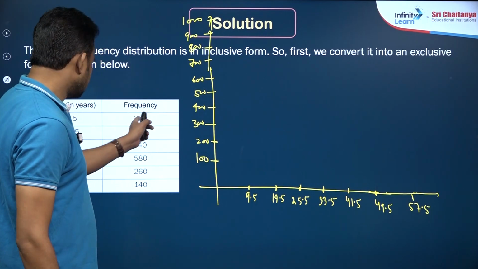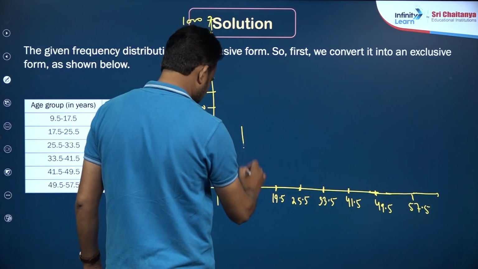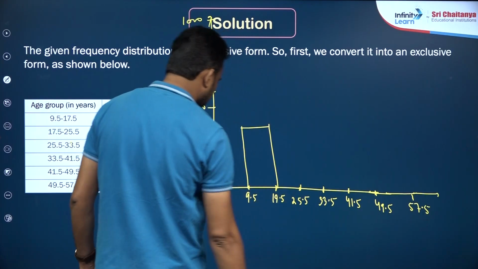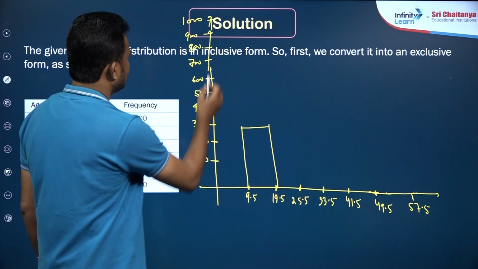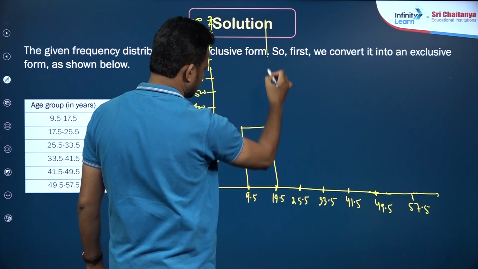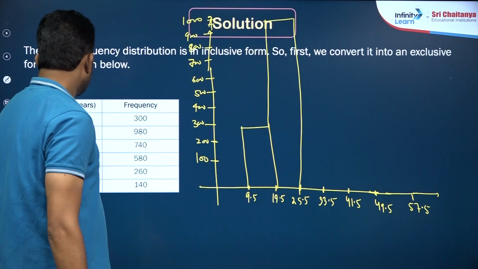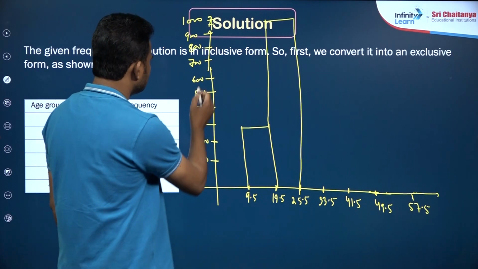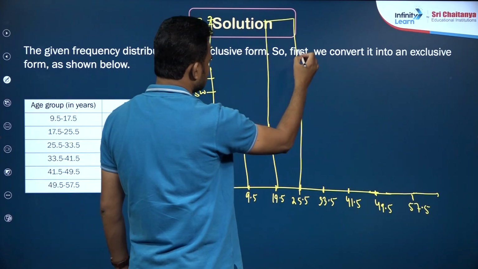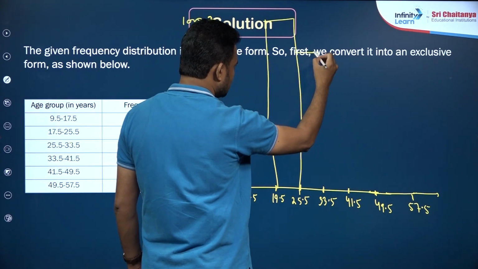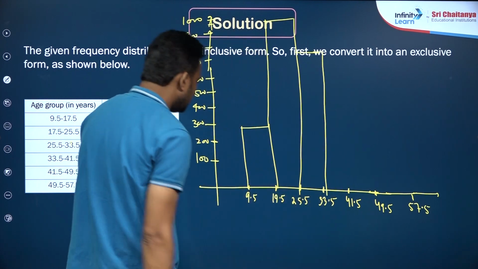So for this it is 300. So this is 300, right? For the second one it is 980. So it will be 980 like this, right? Then 740. So it will be somewhere here.